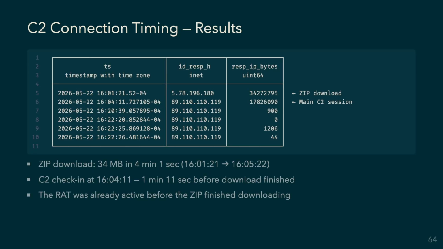Per the SANS diary, the 17.8 megabytes matches the 17.2 megabyte setup cab delivered through this RAT's custom protocol, according to Brad Duncan. No SSL log entry, no HTTP log entry, raw TCP on 443 with custom encoding. A C2 channel designed by someone who read "security through obscurity" and stopped at the third word.